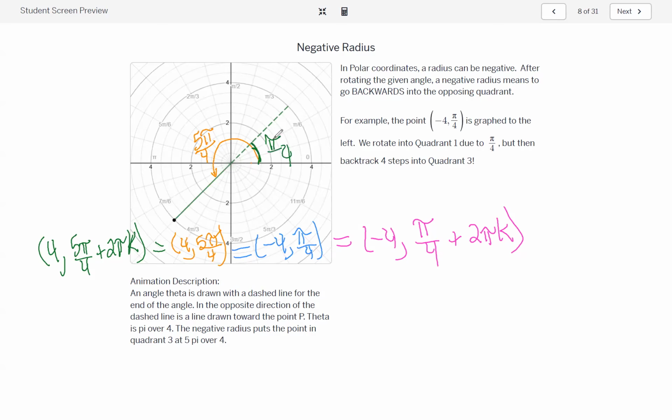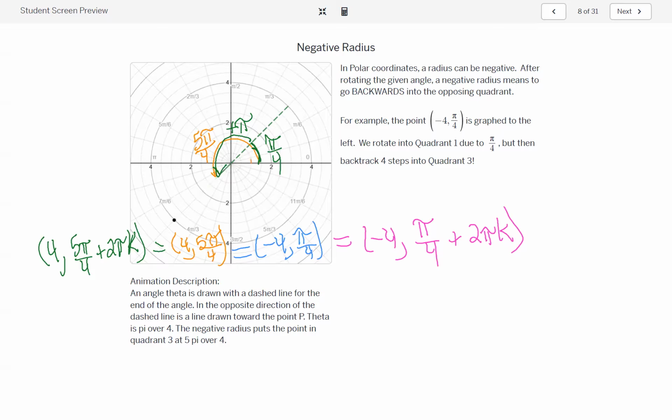The 5 pi over 4 I got by taking my original pi over 4 and then adding pi, so I was looking in the quadrant 3 direction instead of the quadrant 1 direction. We haven't gone over how to convert between polar and rectangular yet.